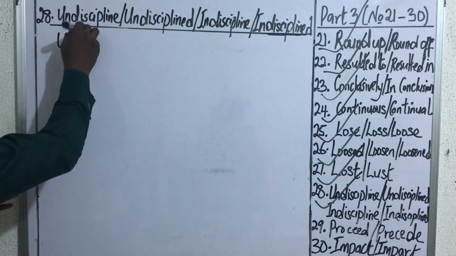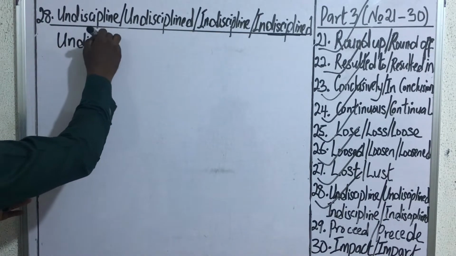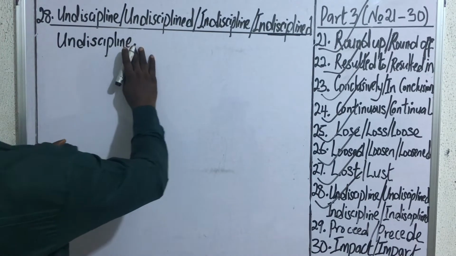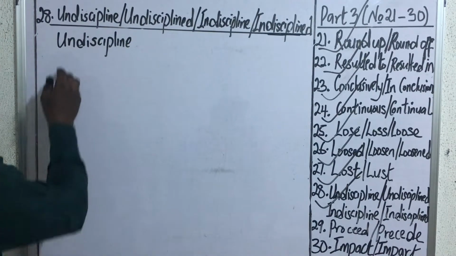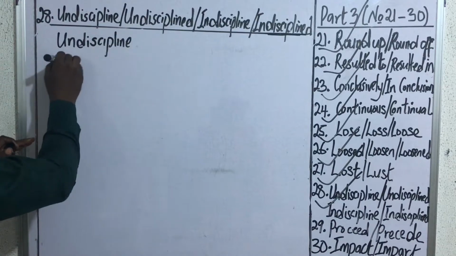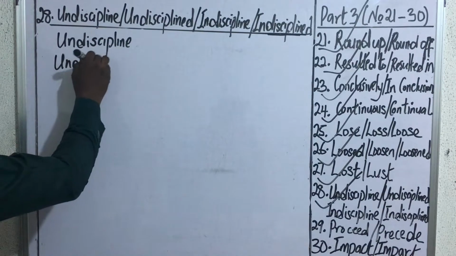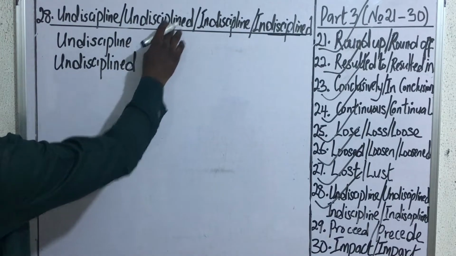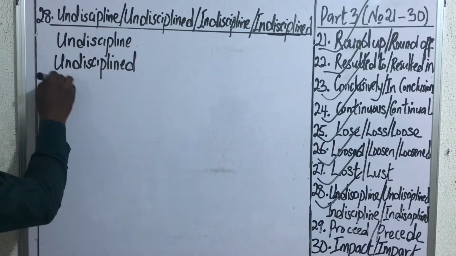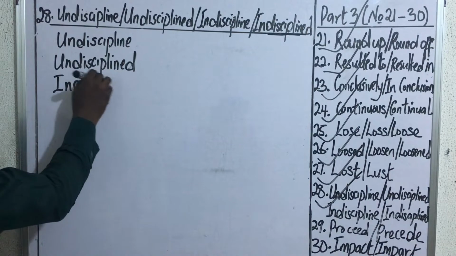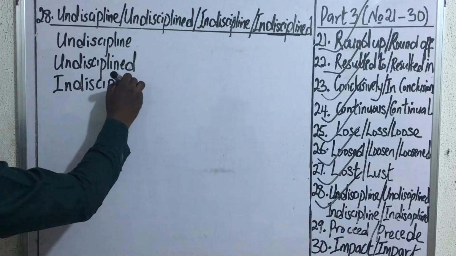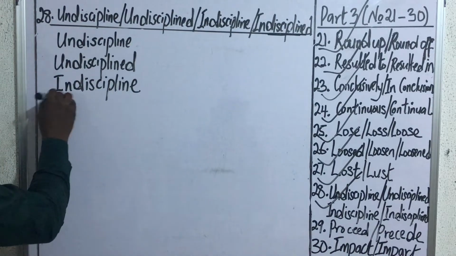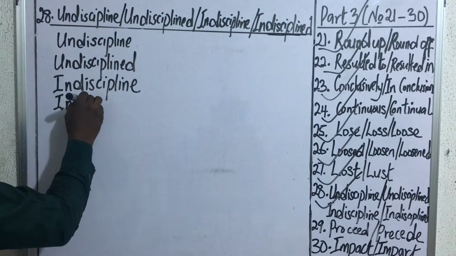The first one is undiscipline, without D. And then the next one is undisciplined, with D. The next one is indiscipline, without D. And then the fourth one is indisciplined.